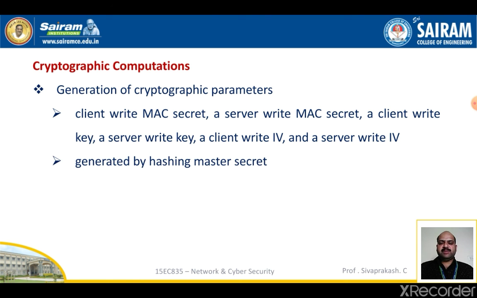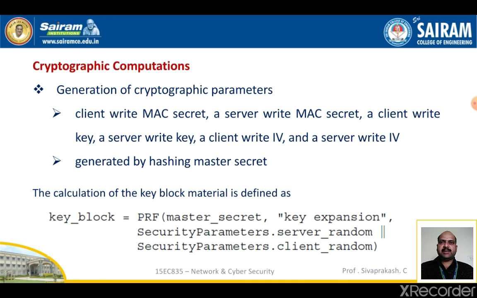Hence, the calculation of the key block material is defined as key block equals PRF of master secret, "key expansion", security parameters dot server random concatenated with security parameters dot client random, until enough output has been generated.